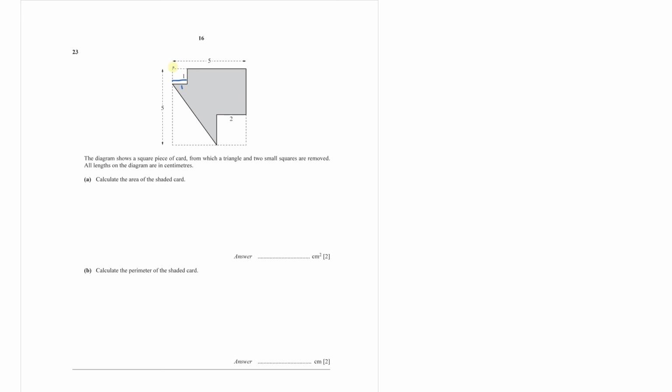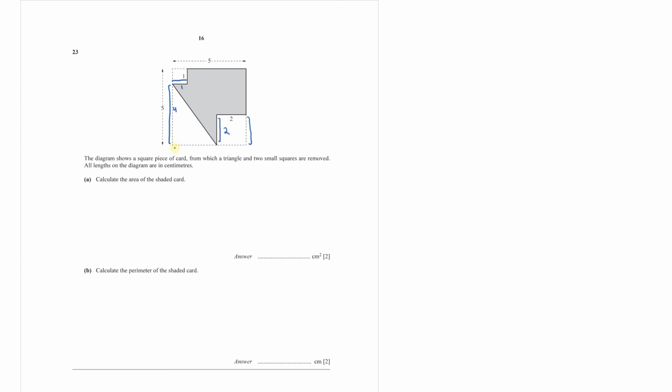Since this is 1 and this whole length is 5, that means this length here would be 4. And since this is 2 and this is a square, so this length here and this length here will be 2 as well. Both are the same.